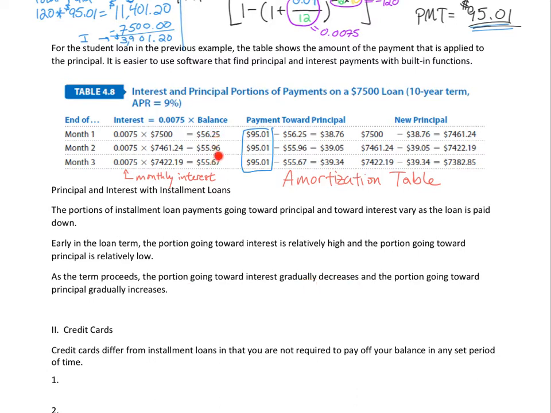You can see that the interest amount is going down, and the portion going toward principal gradually increases. This number is going up. And that'll be the case with all loans. So just keep that in mind for when you get a loan of any type.